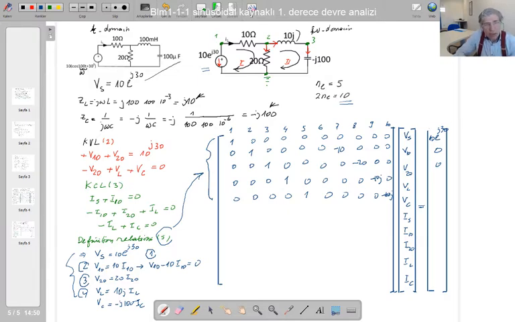Now I will be writing these Kirchhoff voltage law equations. Let me write them in a different color.